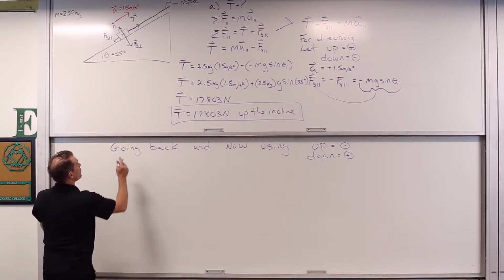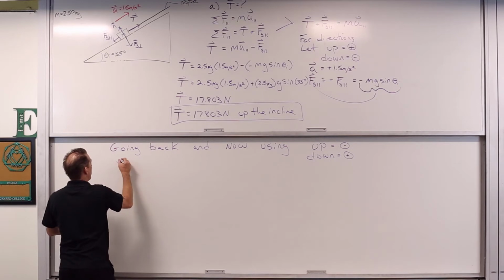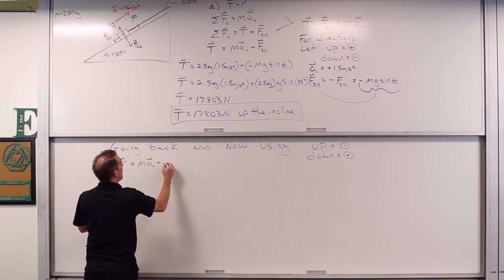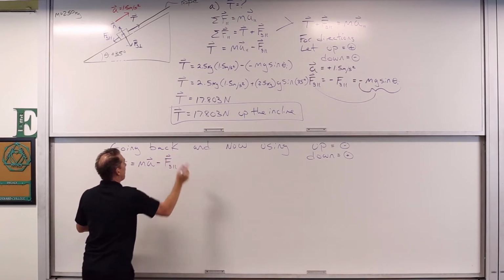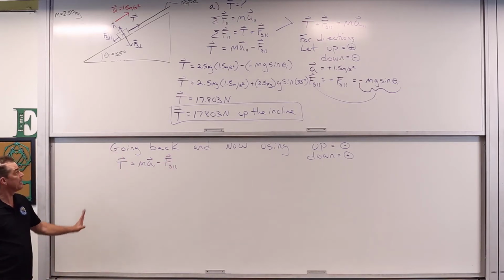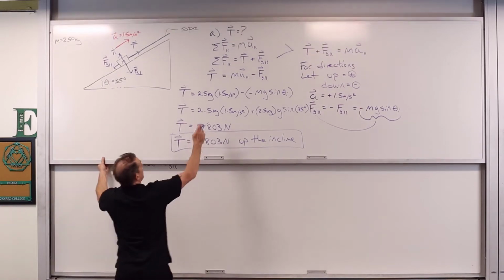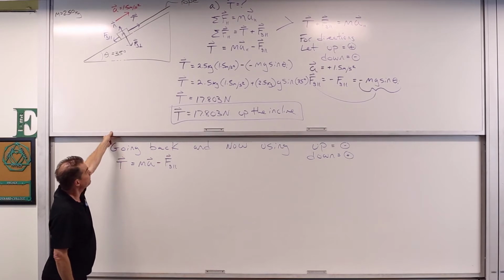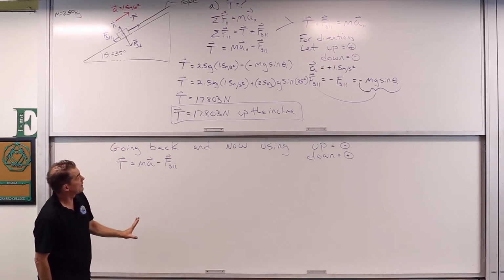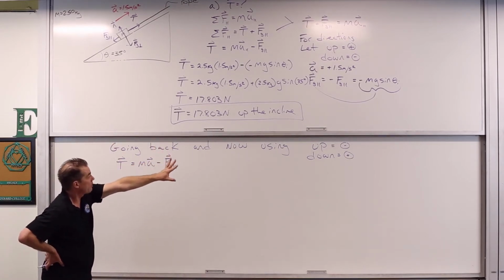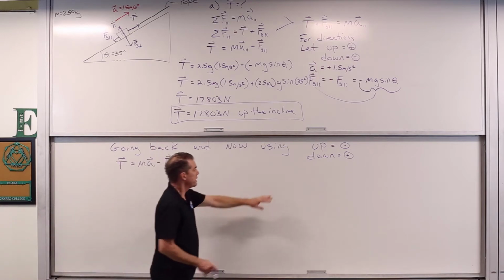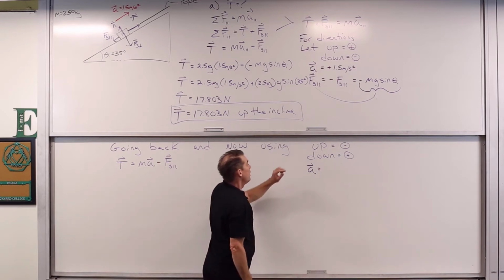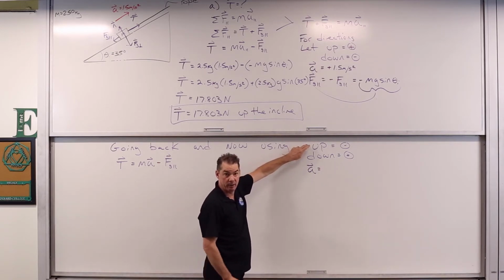We're going to start with what we already know, the vector representation. T hat is equal to MA hat minus FG parallel hat. That's independent of any signs. That's what we got from just analyzing the forces acting. And now what about our sign conventions? Well, up's the negative direction now.